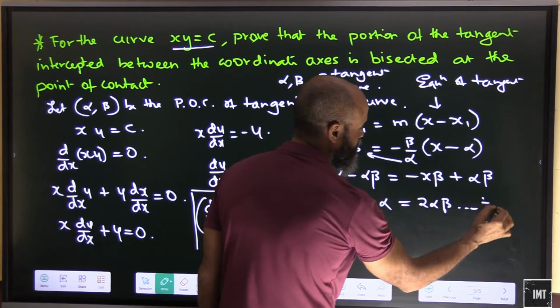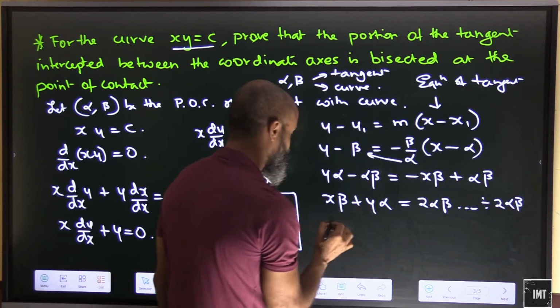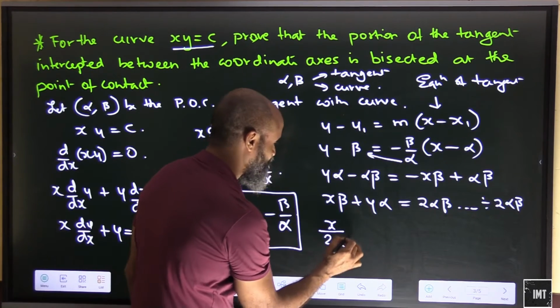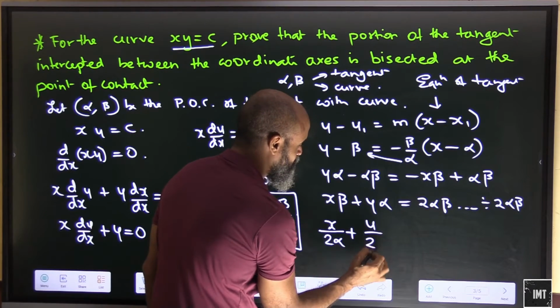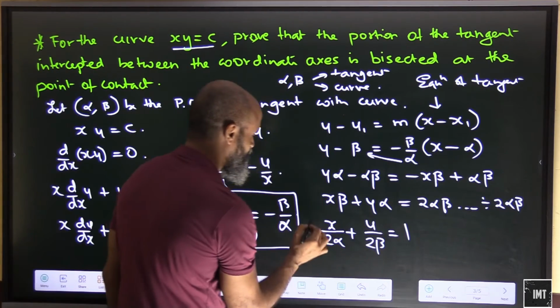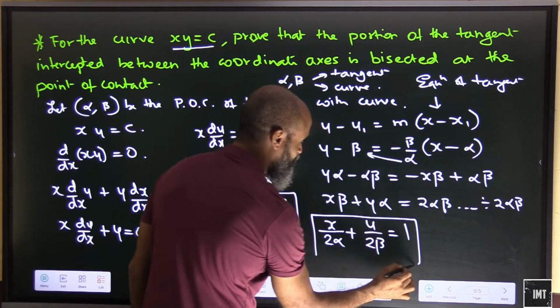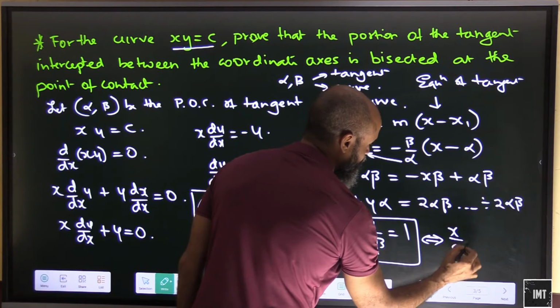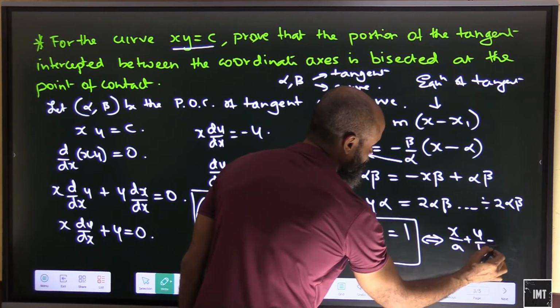We divide this entire equation by 2 alpha beta. So here we will have x by 2 alpha plus y by 2 beta is equal to 1. This is basically of the form x by a plus y by b is equal to 1.